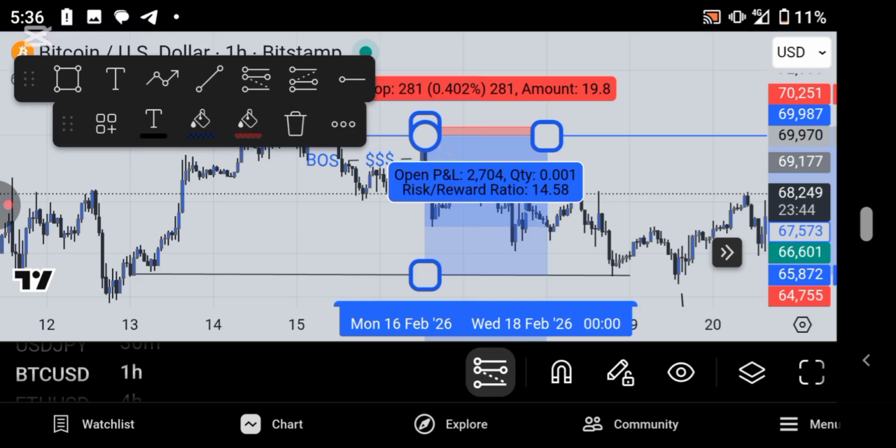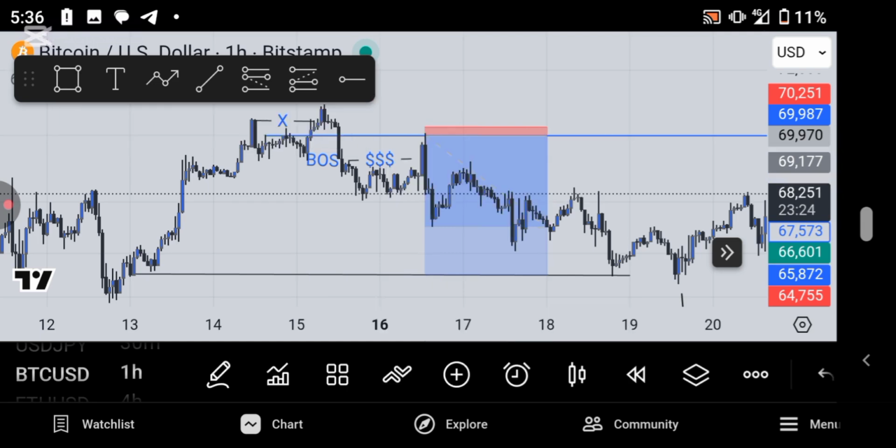If you can make 14R in one trade, risking 1%, it means you must have lost 14 trades in a row before losing this 14R. So making a high RR is very important. You need to consider high RRs in your trading plan.